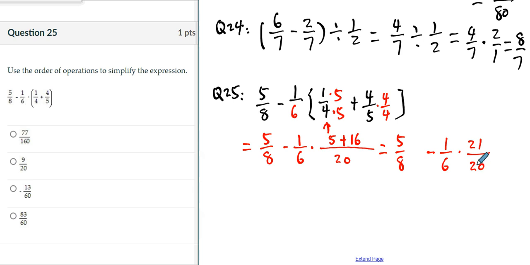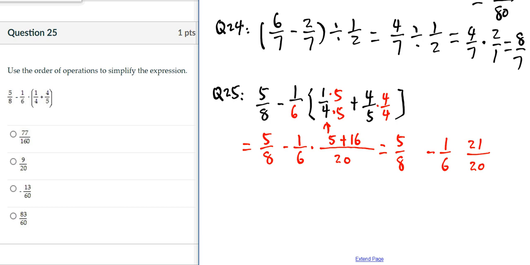So 20 here and 6. You will know the denominator for this one is 120. 120. Okay, you know this one. 6 times 20 is 120. Okay. Let's see if we can do something right here. Because I do not want the denominator to be big. So you see, you want to do like that.